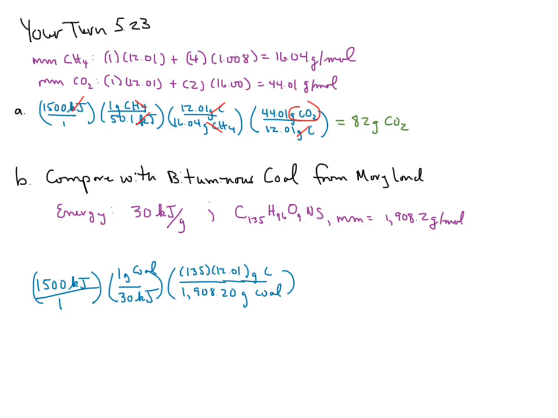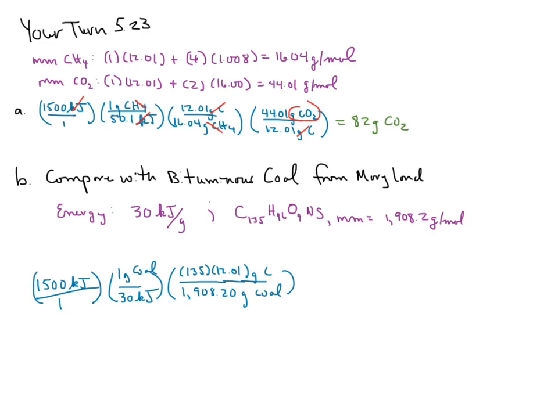For coal, since in the formula of coal I have 135 carbons in one repeating unit, if I put 135 times the decimal number for carbon, 12.01, and I divide that by the entire molar mass of a coal molecule, 1,908.20 grams, then that's the relative mass of carbon to mass of coal. Okay.